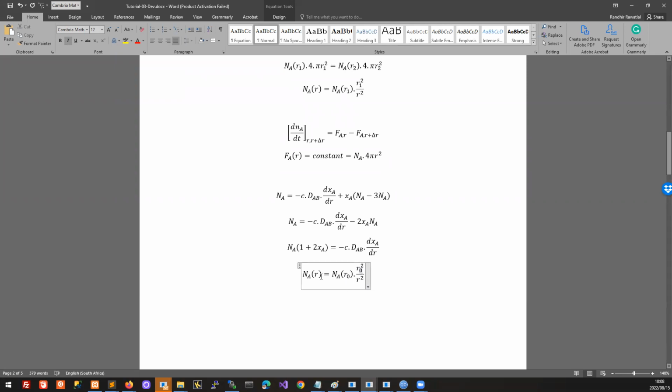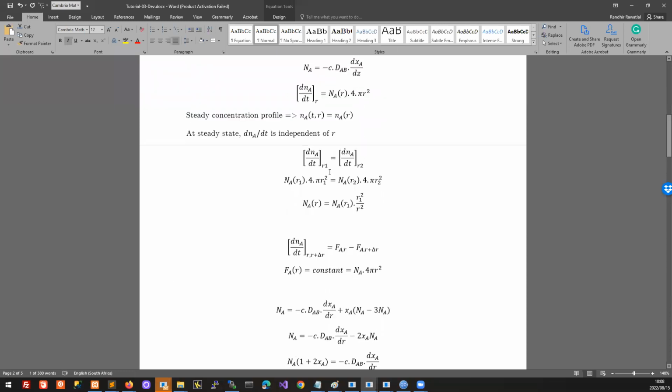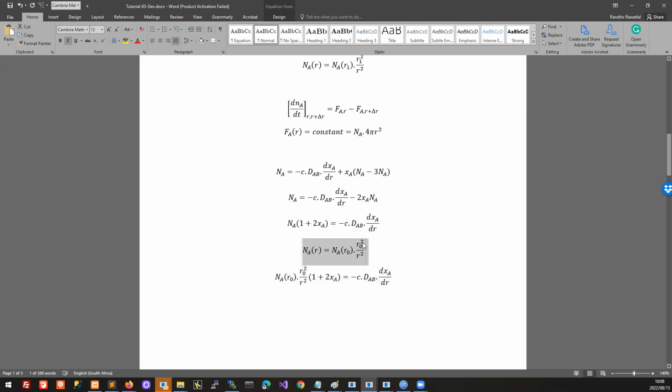So this is our N_A, and we can rewrite this equation like so. The reason we are doing this is because we want to isolate out that R. When we write it the other way, we don't know how to solve this as yet, because it's not obvious how N_A is a function of R. Now that we've done some work above, we do know how N_A varies with R, so we can just substitute that there.